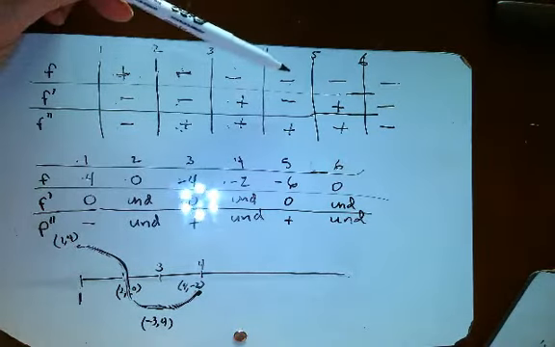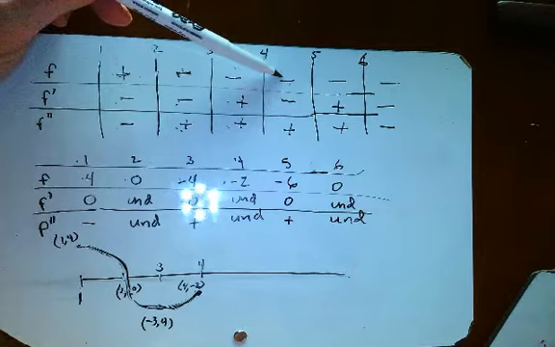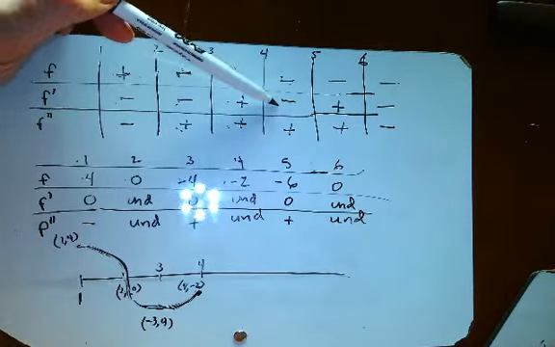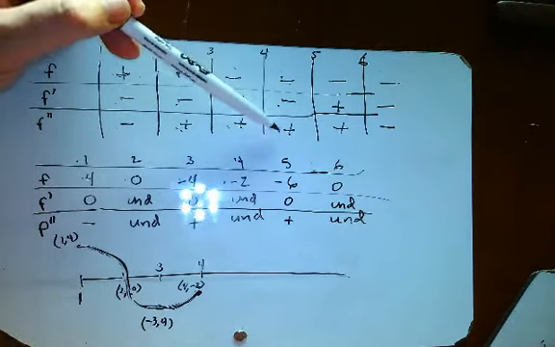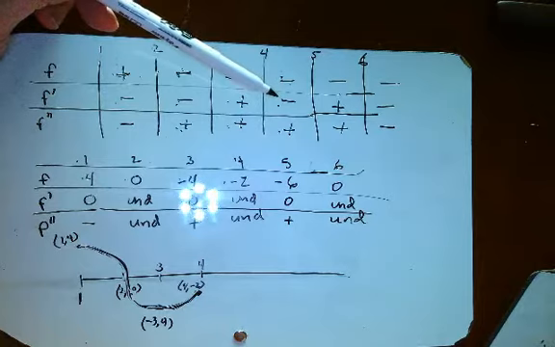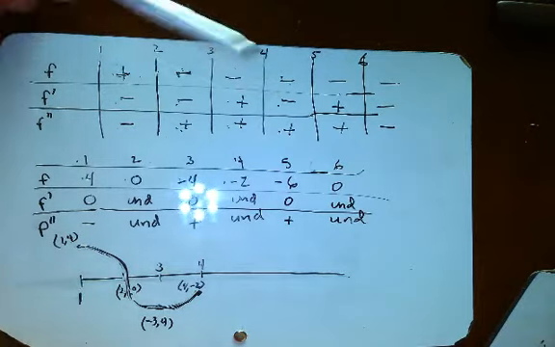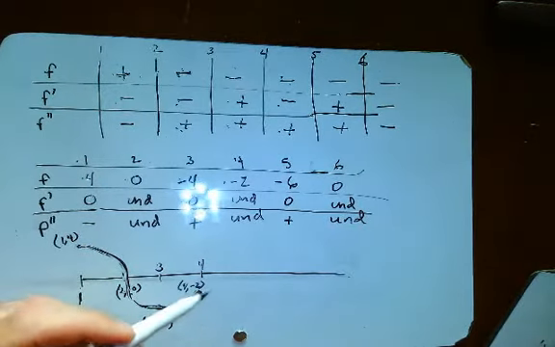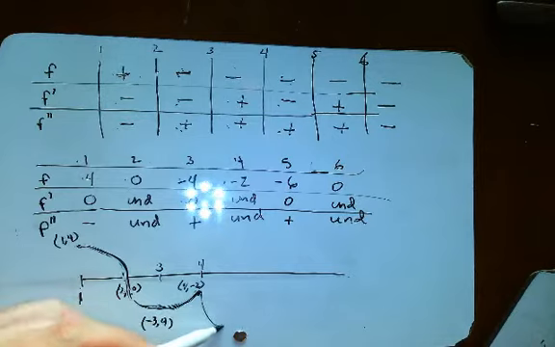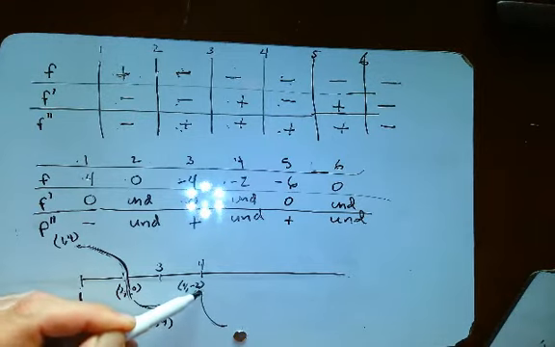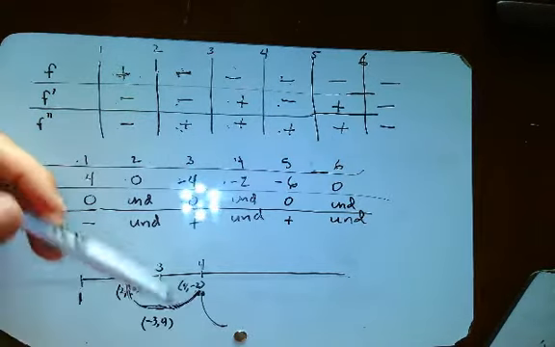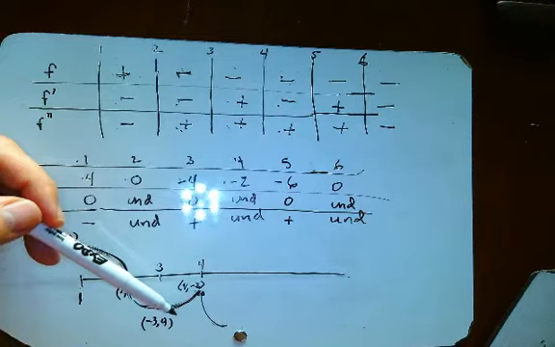So from 4 to 5, the function is still below the x-axis. The function is decreasing and concave up. Well, wait a minute. How am I going to draw decreasing and concave up here? Decreasing and concave up looks like, oh, that's why the derivative is undefined at 4.